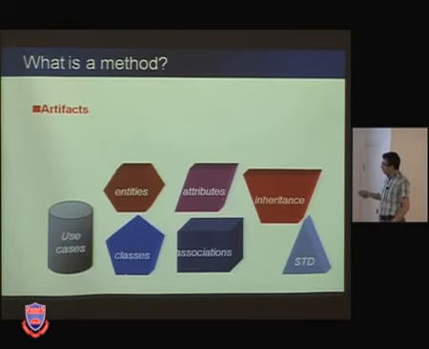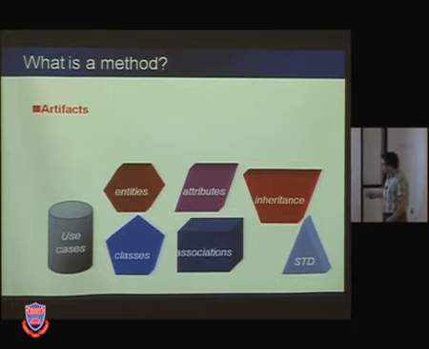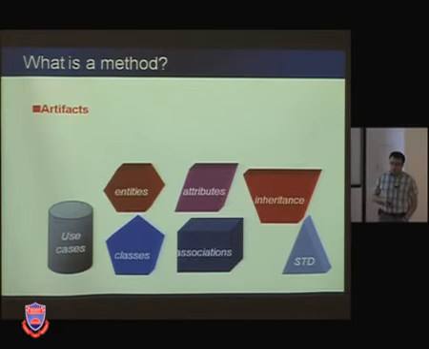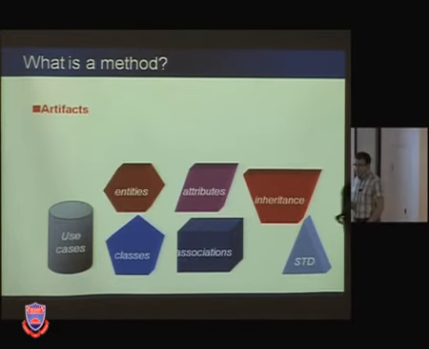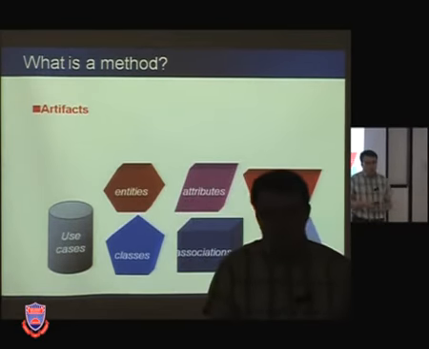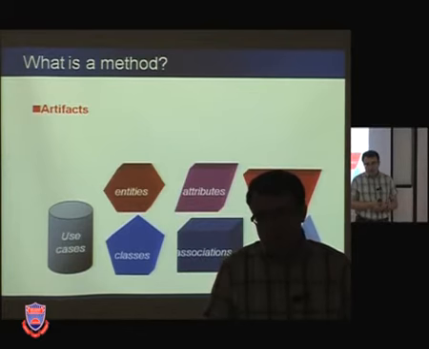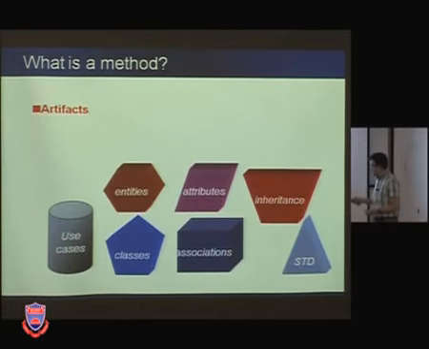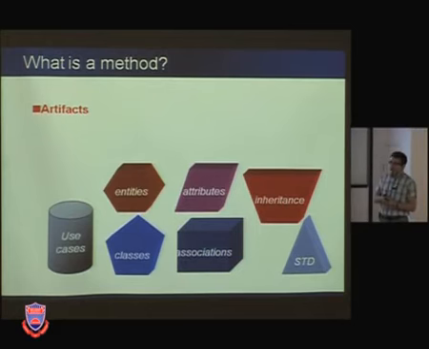Typically we have these kinds of artifacts: use cases, classes, entities, attributes, associations, inheritance, state transition diagrams. Right? In textbooks on object-oriented design, they typically also first define the artifacts, the models. A class is this and that, a state transition diagram, a use case diagram, etc.